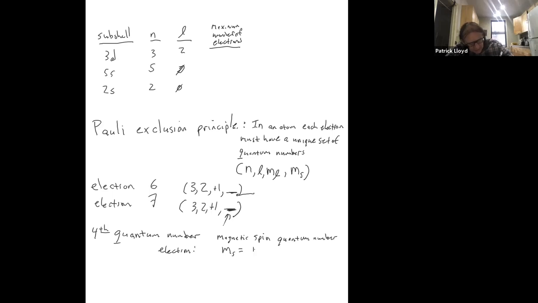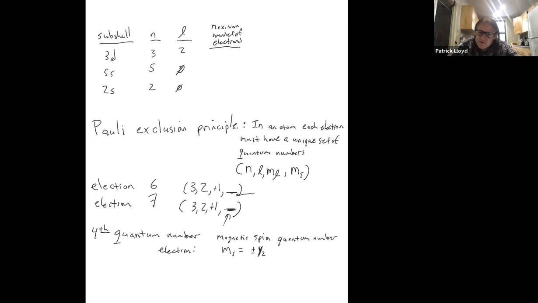For the electron, it has a property such that it behaves as though it were spinning. Okay? It behaves as though it were spinning. And it can spin in 2 different, if we want to call them, orientations. This is not something we can really come up with a great analogy for.